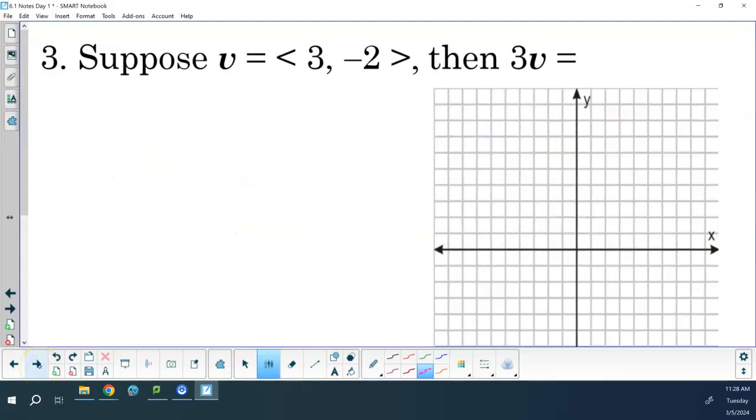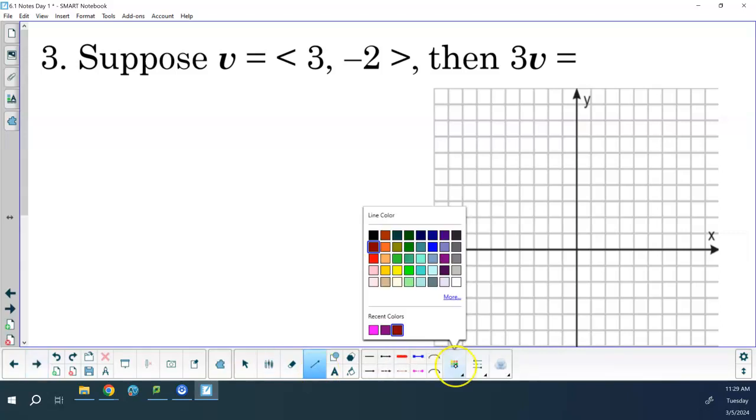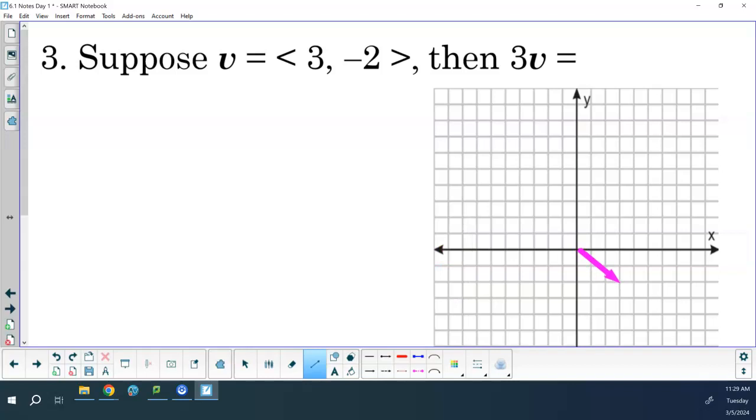Yet another vector calculation that we can do. Okay? Scalar multiplication. So vector v is the vector 3, -2. So there's my vector v. What does 3 v's mean?